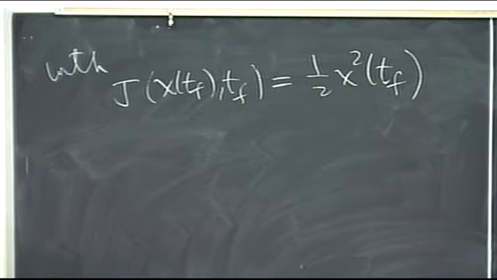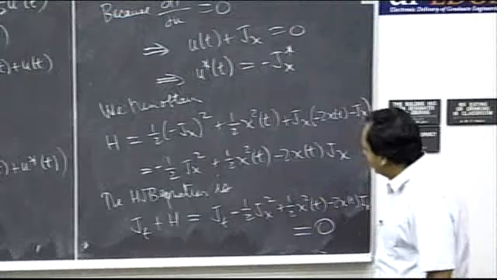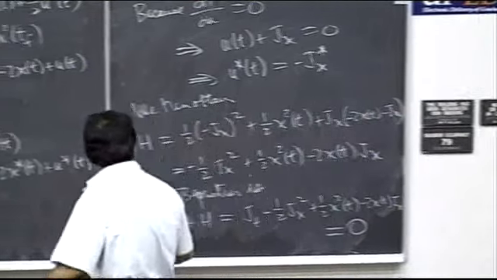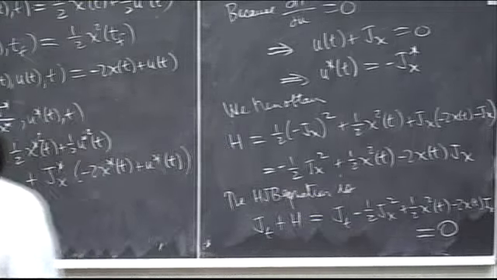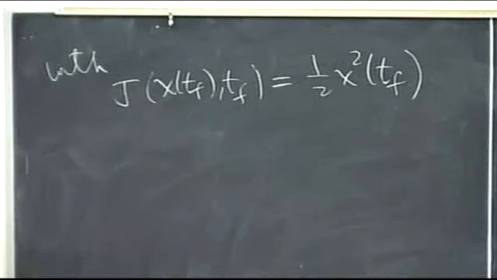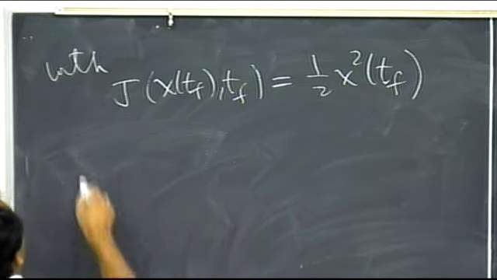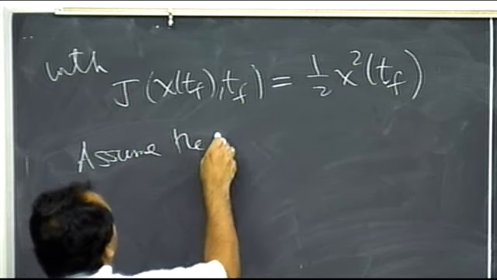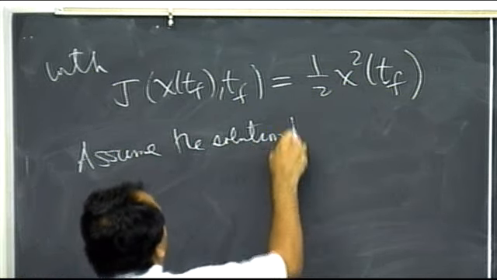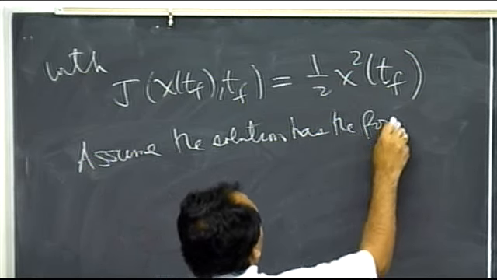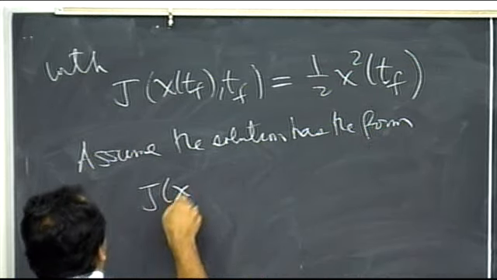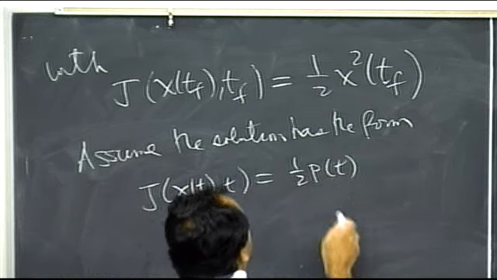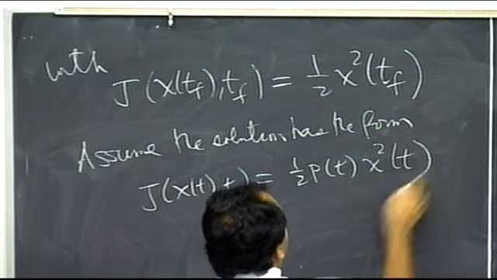If you look at this, you'll see that this is a partial differential equation in t and in x. And in this particular case, you can actually make a simple substitution to assume a solution just because the system happens to be linear with a quadratic cost. So assume the solution has the form j of x of t and t is equal to 1/2 p of t times x squared of t.